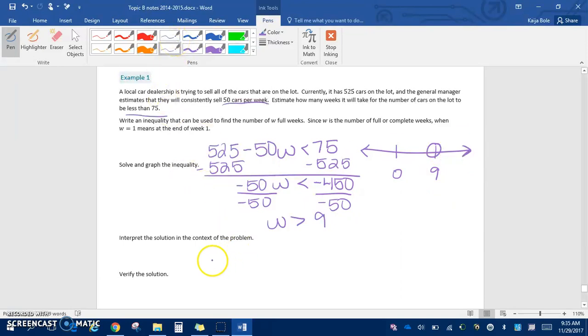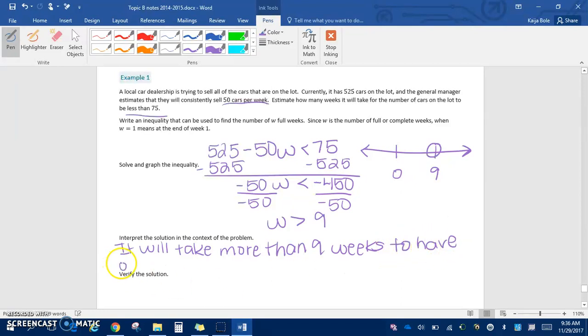Alright, and then it says to interpret the solution. So if we know that it's W greater than 9, we can say that it will take more than 9 weeks to have less than 75 cars on the lot.